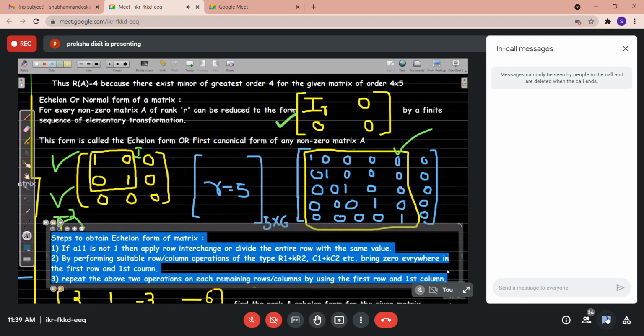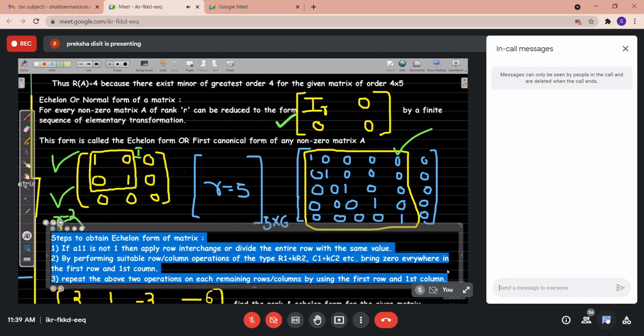Over there we tried transforming the coefficient matrix into an upper triangular matrix. Such kinds of row transformations, the first few steps that we had followed, are going to be followed here as well, because here our idea for getting echelon form of a matrix is to get an identity matrix of order r. And what is r? R is the rank of a matrix.